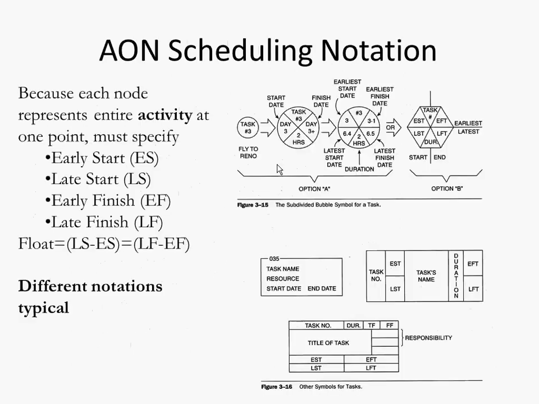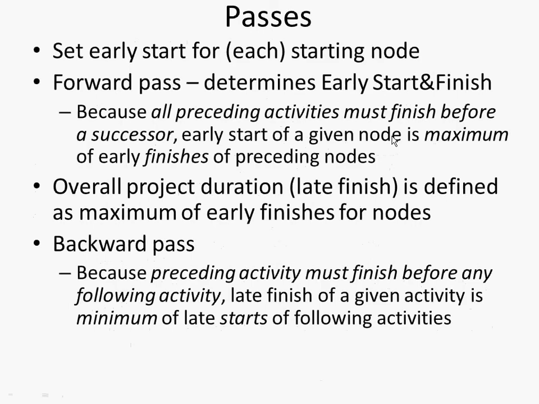So we illustrate these things on diagrams that use a variety of mechanisms. Primavera, for example, uses this one here. This is a way we'll be using in an exercise. Okay, so there are two passes to this algorithm, folks. Pass one is a forward pass.